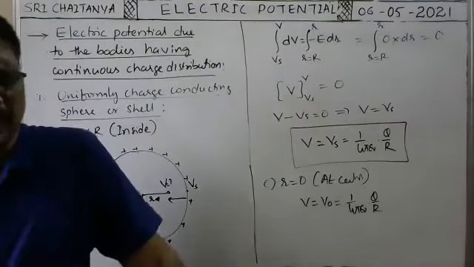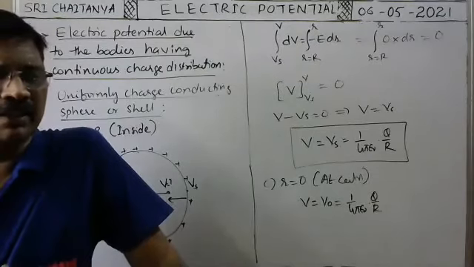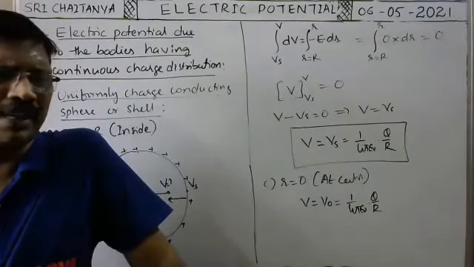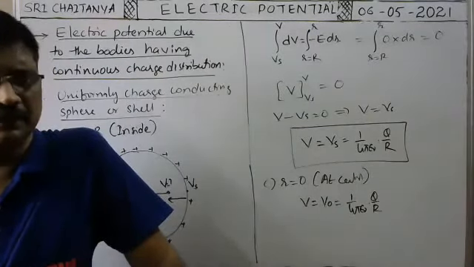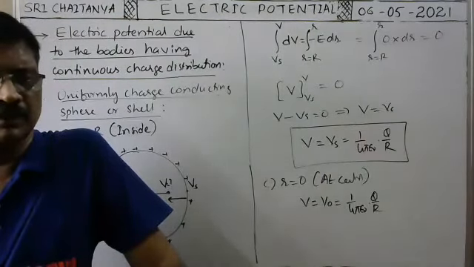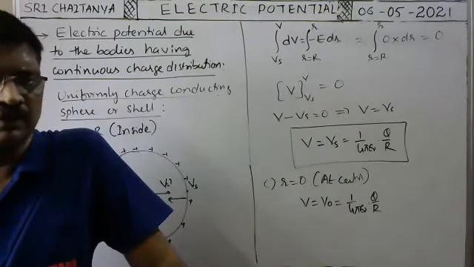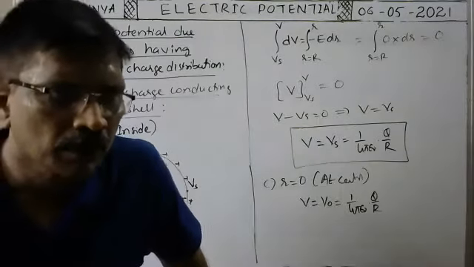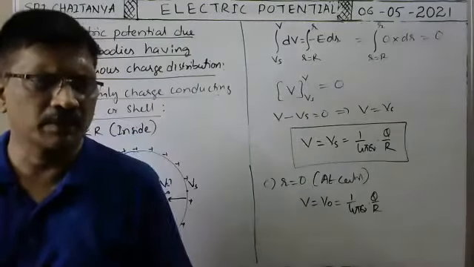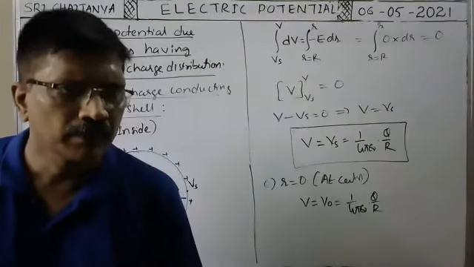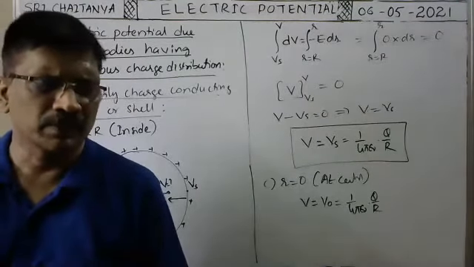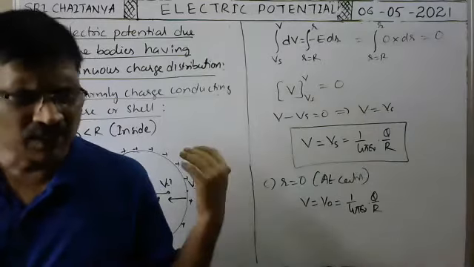Tell me, is there an example for a body where even though the intensity of electric field becomes 0, electric potential exists? Example: conducting sphere only.